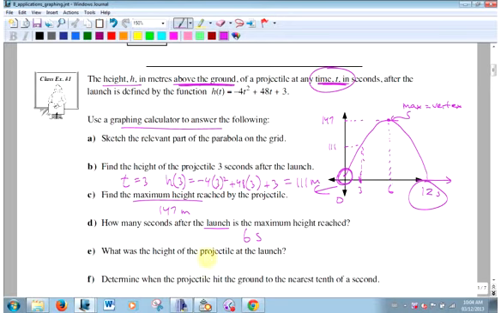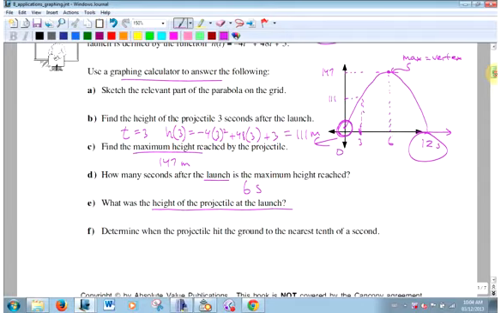Okay? What was the height, speaking of which, at launch? We got a word for this. We would call it a y-intercept. Okay? But what is y? There is no x and y here. It's t and h. So it's not y. What do we call this?